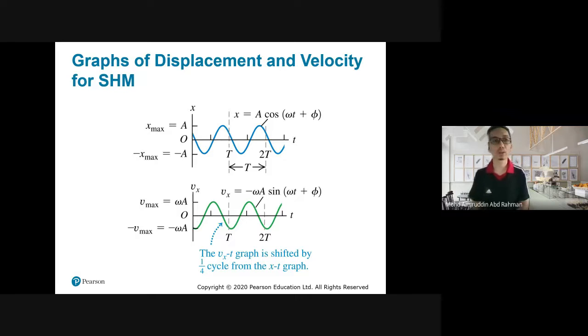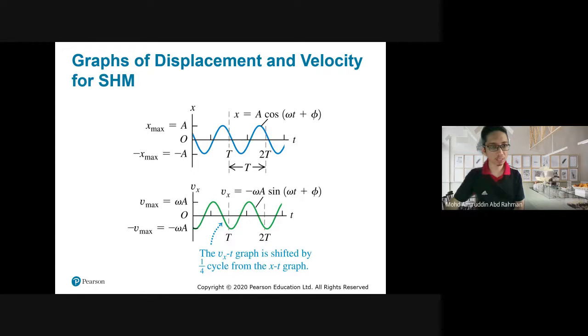So when we have this graph of the displacement and velocity, we look over here, the graph of x is shifted by 1/4 cycle from the x-t graph.